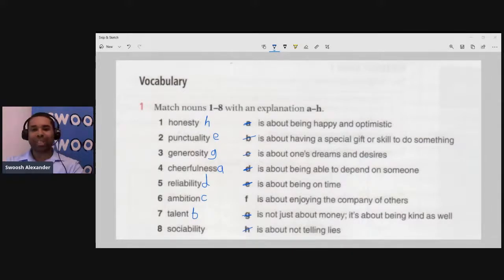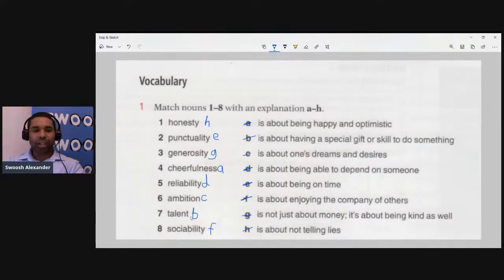F is for 8. Yep. Okay. And Mariam, KG, Faiz, all going for C for number 6. A lot of answers coming through now. Great to see so much participation. And yes, of course, finally, for sociability, number 8, the answer must be F. Enjoying the company of others. Okay.